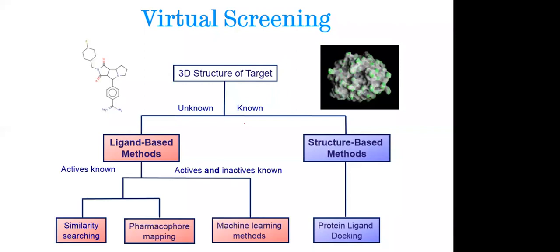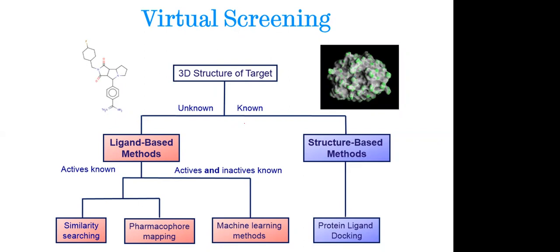Fine. If it is a ligand based method and actives are unknown but inactives are known, similarity searching is done based on the ligand we have, to search for similar compounds in the databases we are considering.